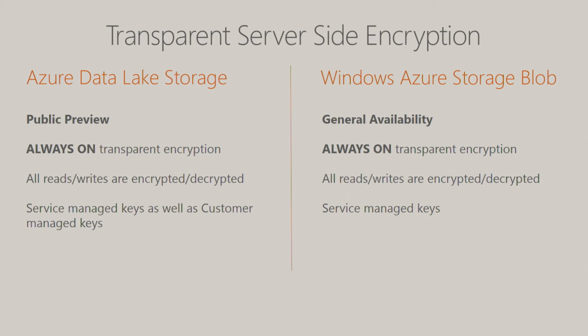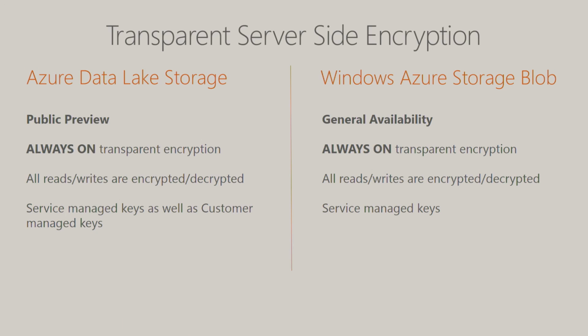What I mean by transparent server-side encryption is that all your reads and writes will be transparently encrypted and decrypted, and data will be stored in an encrypted fashion. You don't have to take any explicit action, other than configuring encryption, of course, when you do the reads and the writes. And HD Insight will just seamlessly work with both of these data stores.